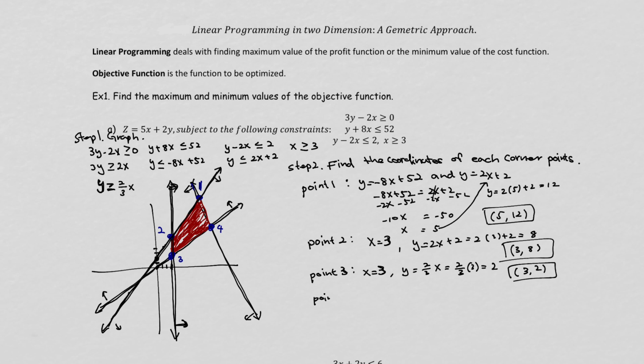And point 4 is going to use y equals 2 over 3x, and y equals negative 8x plus 52. So because they are both equal to y, let both equations equal each other, so that we will have only one variable.